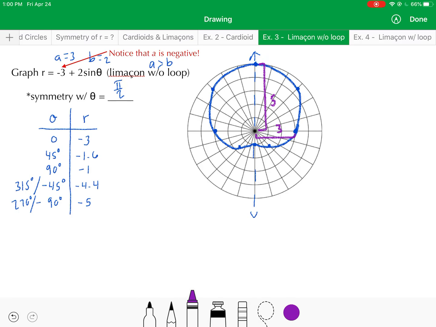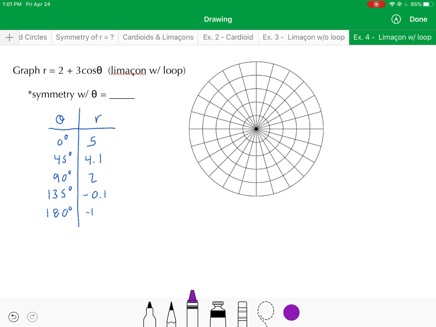Also, one more thing we can mention, we didn't need to focus on this with the cardioid, but if you look at the distance from the pole down to where the dimple takes place, that's 1 unit, which is the difference between the A and the B value. Okay. All right, last example here.